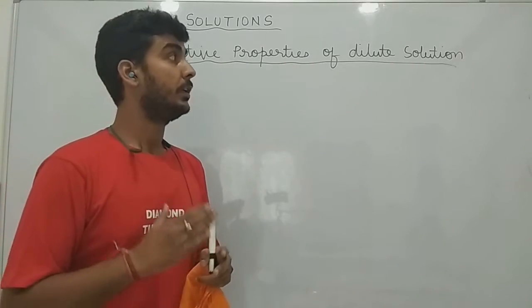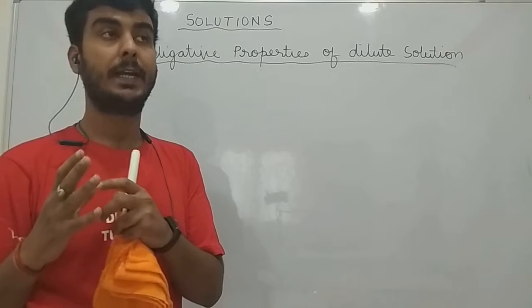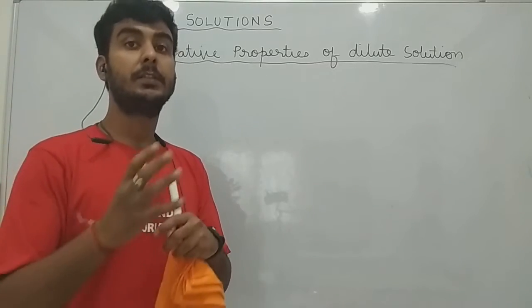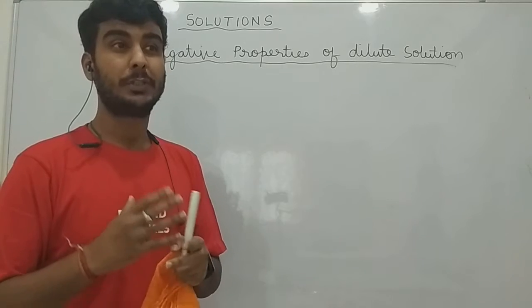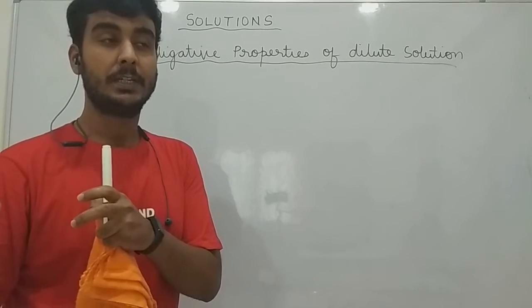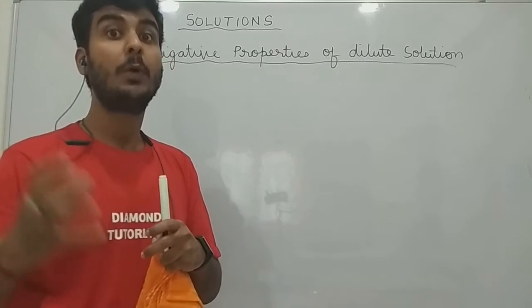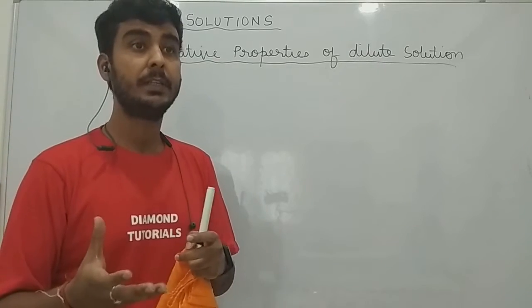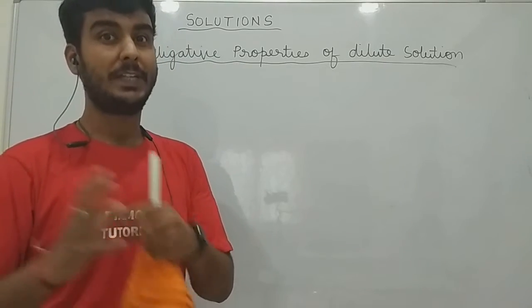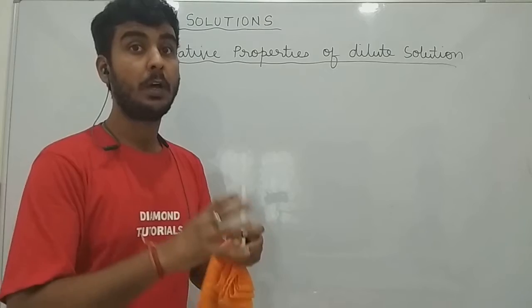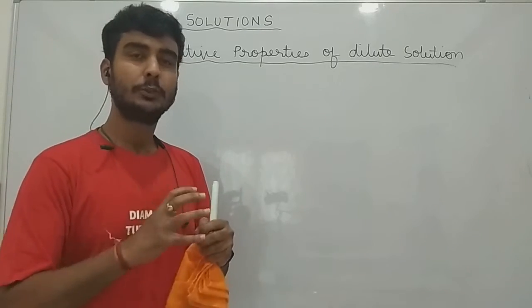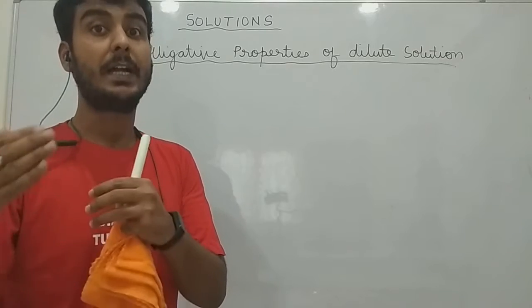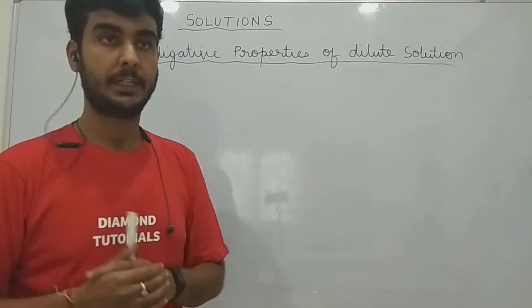So first of all, let me explain that we are studying this for dilute solutions only because dilute solutions show properties which are somewhat similar to ideal solutions. That means the properties of dilute solutions show resemblance to properties of ideal solutions, so it becomes a little bit easier to study their properties.